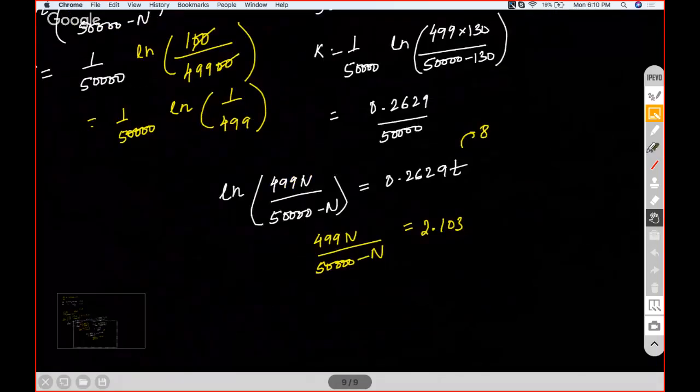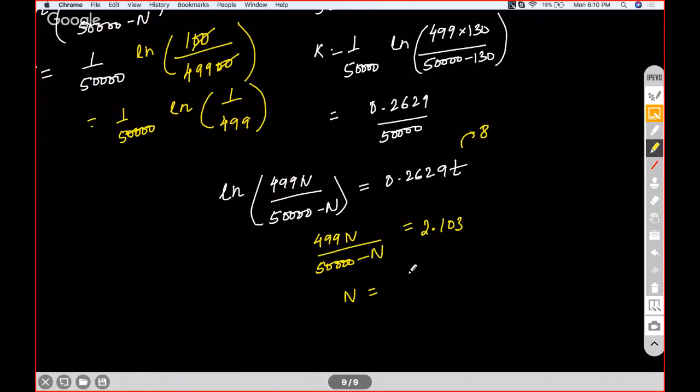So the answer that you're going to get would be, I'm just writing the direct result, n would be 50,000 into 2.103 divided by 501.103. So is the answer 2.03?